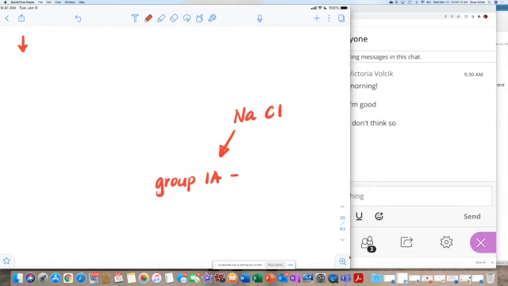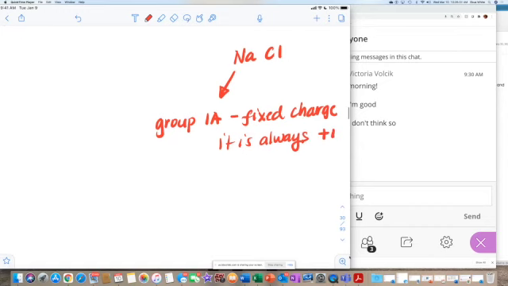Sodium has this characteristic. It has a fixed charge. It is always +1 when it forms an ion. So sodium always forms a sodium ion like that, because it's in group 1A.